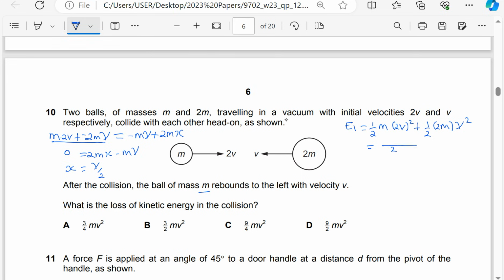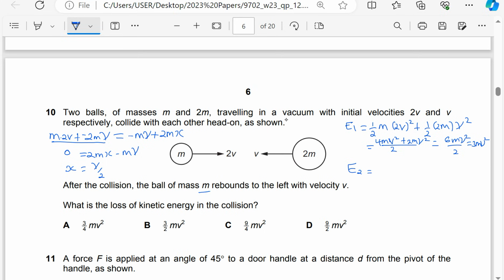LCM is 2, so you have 4mv squared plus 2mv squared, which becomes 6mv squared over 2, which gives us 3mv squared. So that is total kinetic energy before.